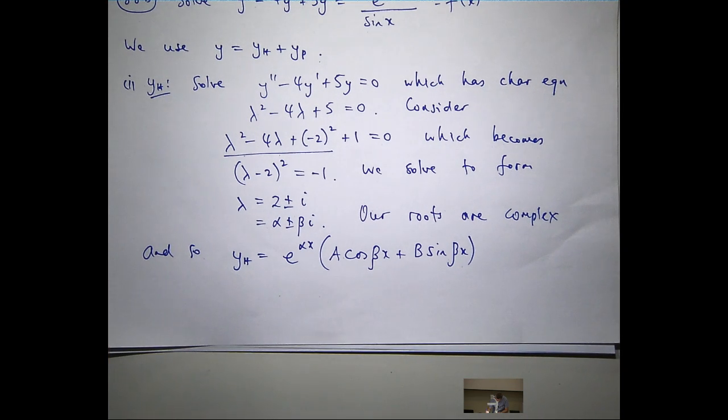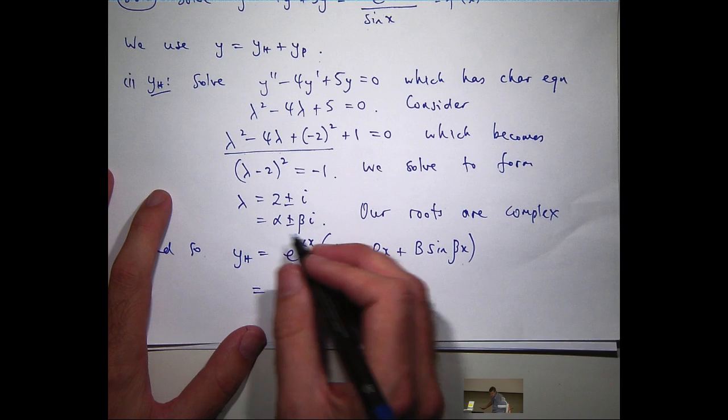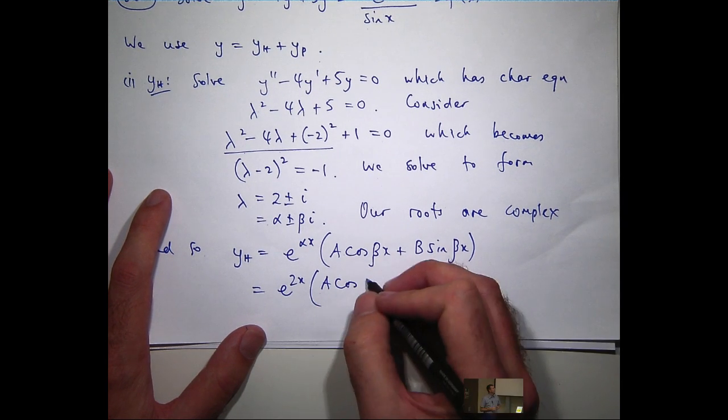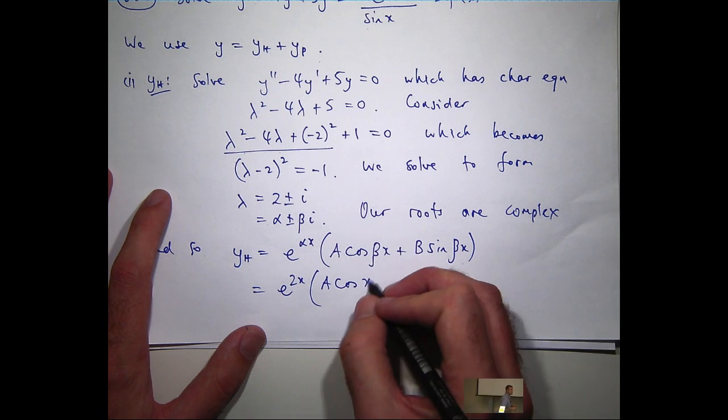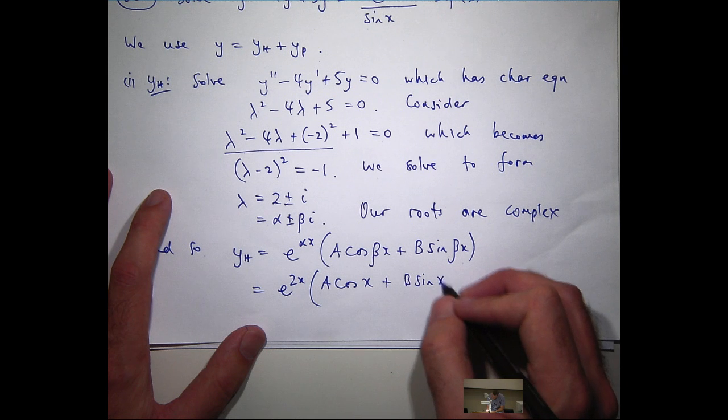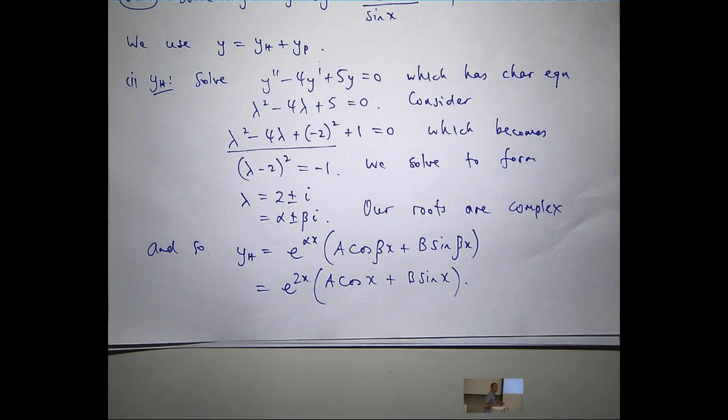Where alpha here is just 2, beta here is positive 1. That's all right. So it's just e to the 2x, a cosine, so beta's just 1 here, so it's just cos x plus b sine x. The quadratic formula would still work, okay, but you just have to simplify what's in the square root sign.